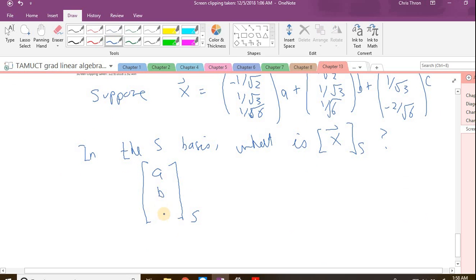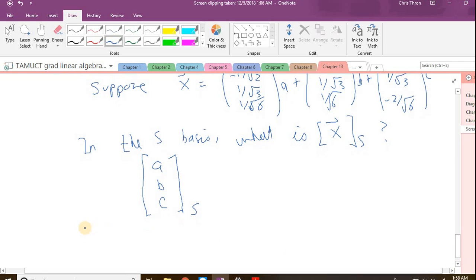The coefficients in this basis give you the column vector. So the other question is, what is x in the standard basis?